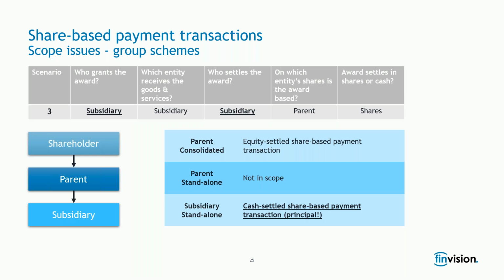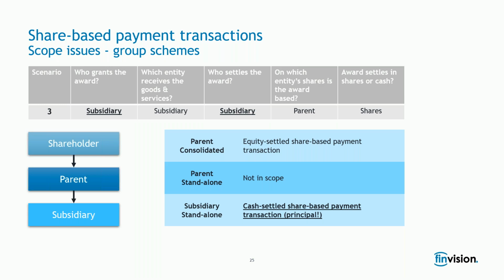The special thing about this example is the subsidiary who is granting this. This actually becomes a cash settled share-based payment transaction. So if you look here, it's the subsidiary settling for some services and goods, but they settle in shares.